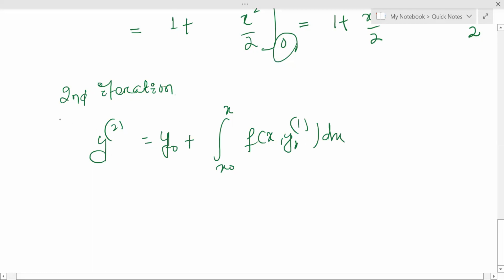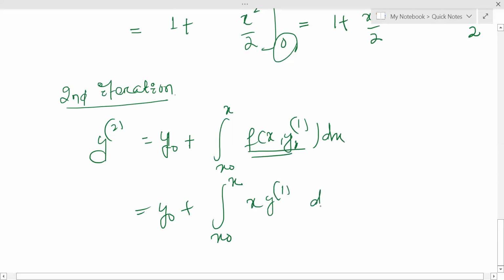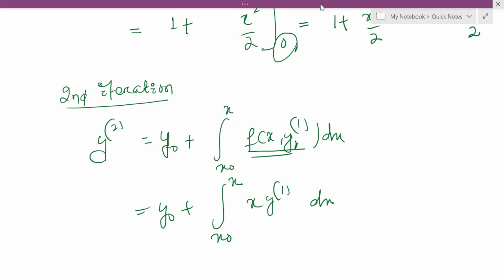This is the second iteration by Picard's method. Then y0 plus integration of x0 to x of f of x, y, as already given, xy, that means x y1 dx. y1 has already been produced here: 1 plus x square by 2.